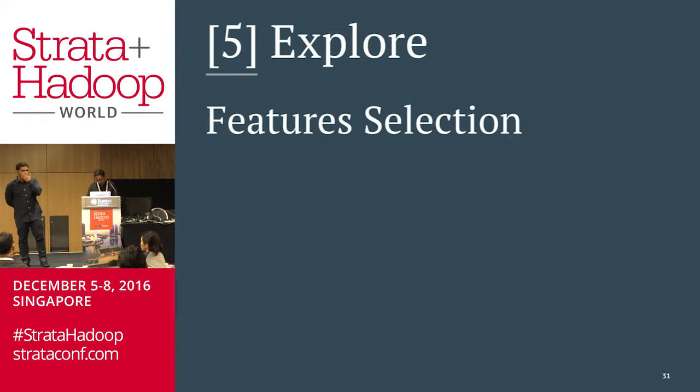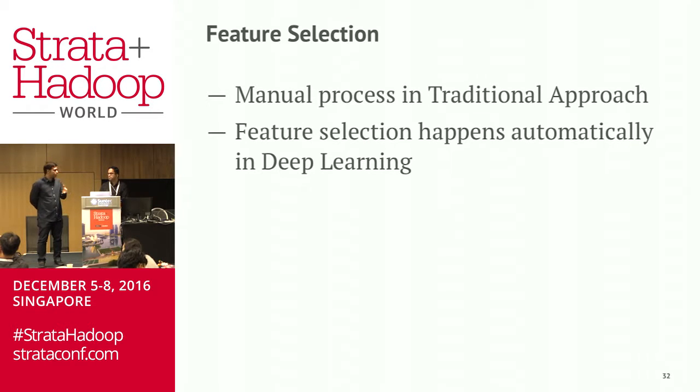Typically the next step would be some kind of feature selection. Feature selection is typically a manual process in the traditional statistical approach. The advantage with deep learning is that because we're trying to create a deep network, we're trying to get the network itself to do feature selection.